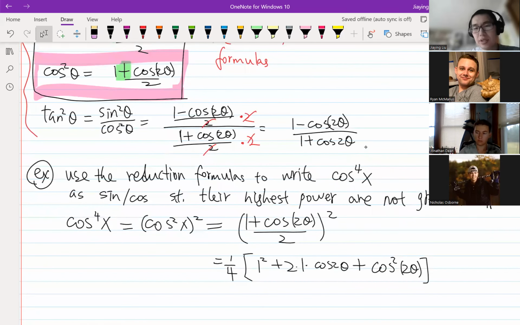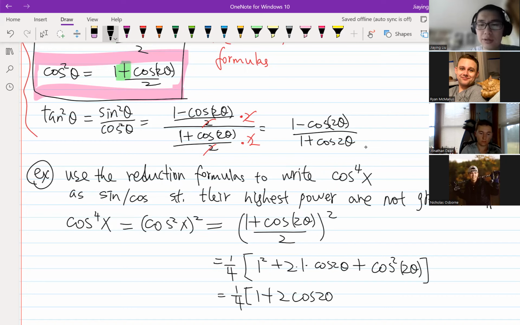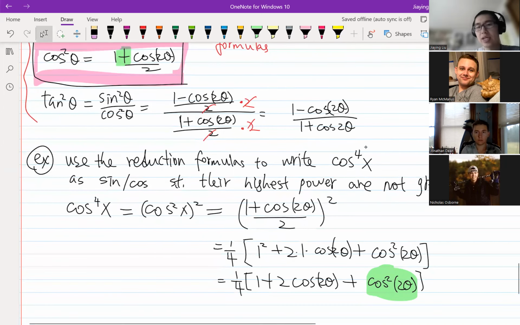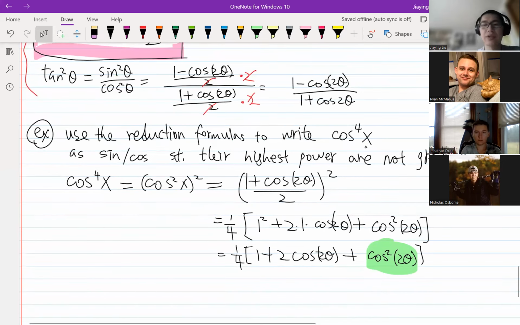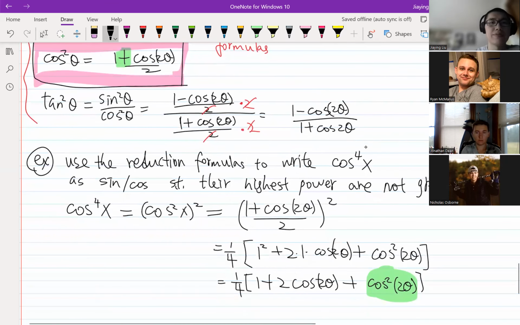So we drop the fourth power there, no more fourth power, and we have 1/4 times 1 plus 2 cosine 2 theta plus cosine squared 2 theta. But we still have a square term, and we don't want the cosine term to have a power more than 1. So we have to take this cosine squared 2 theta and rewrite it, using the same formula as earlier for cosine squared.